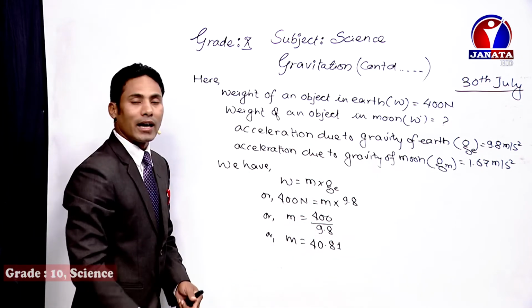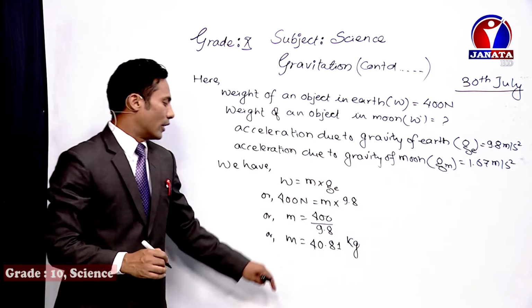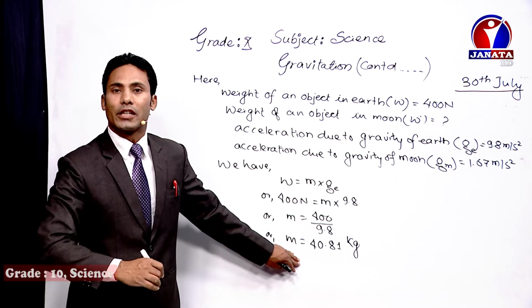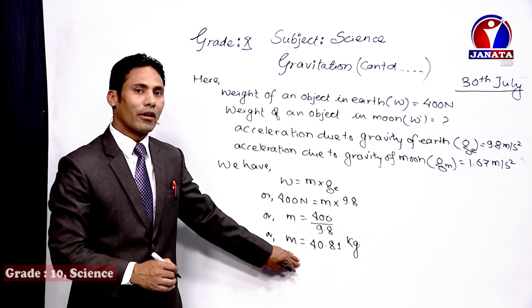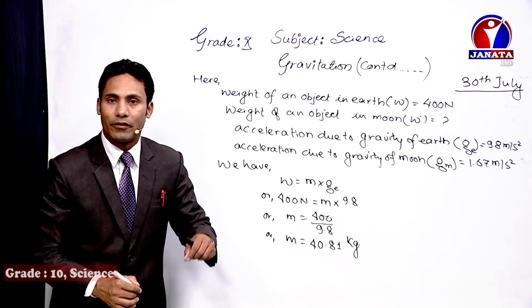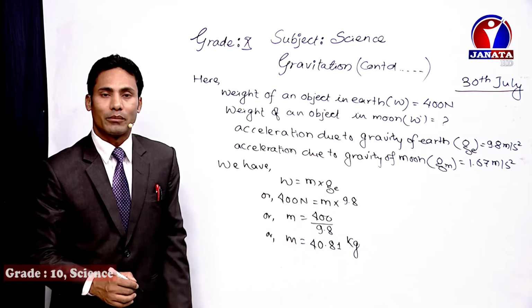Now this is mass, so the unit is kg. Now the mass is constant everywhere, as we have discussed previously, as it depends upon the number of molecules present in it. That's why whenever we take this object to the Moon, the mass remains the same.